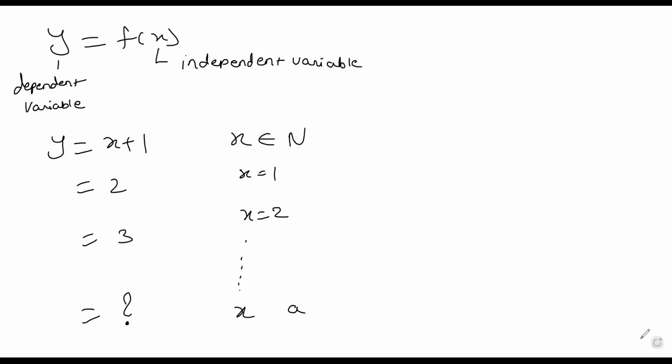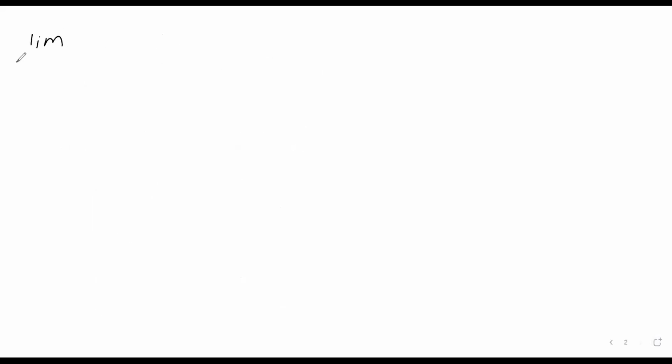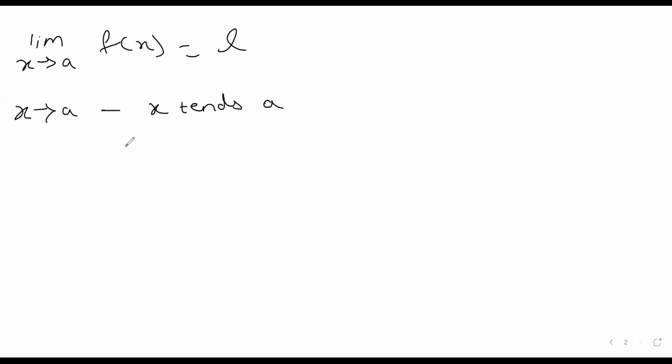A standard limit is always given as limit x tends to a, f of x is equals to L. Here x tends to a means it is read as x tends to a. It means x is approaching a from either side.